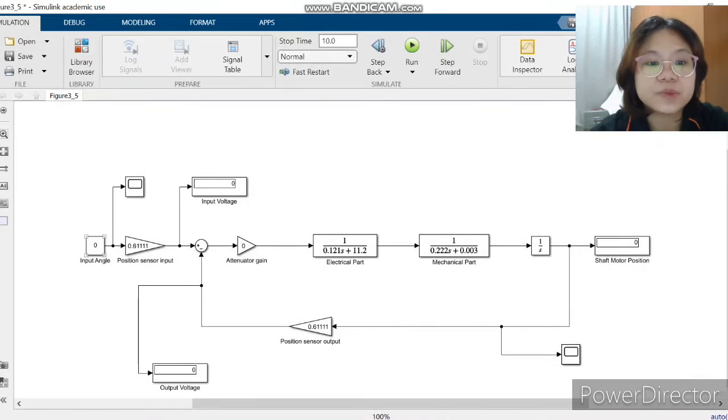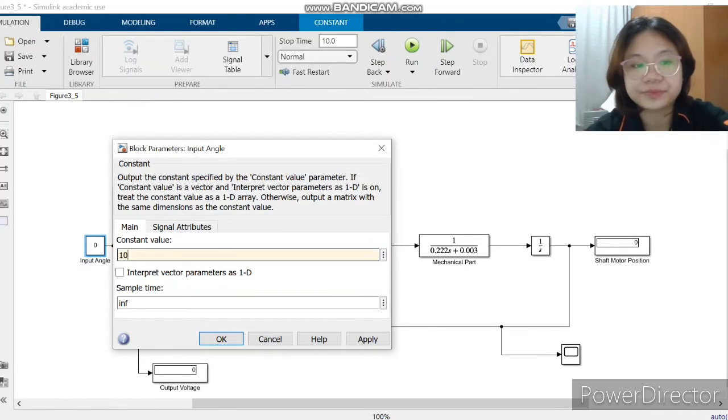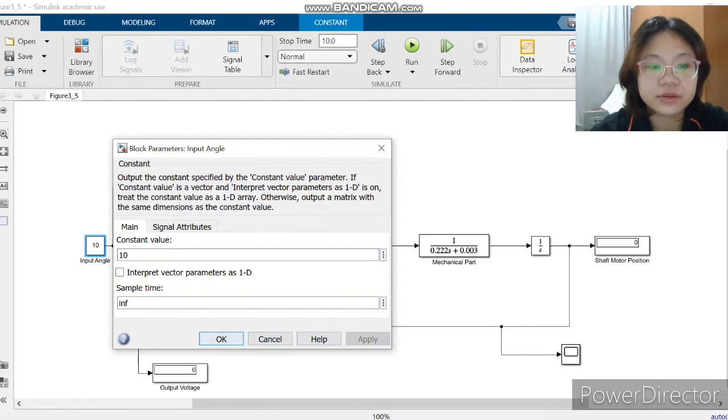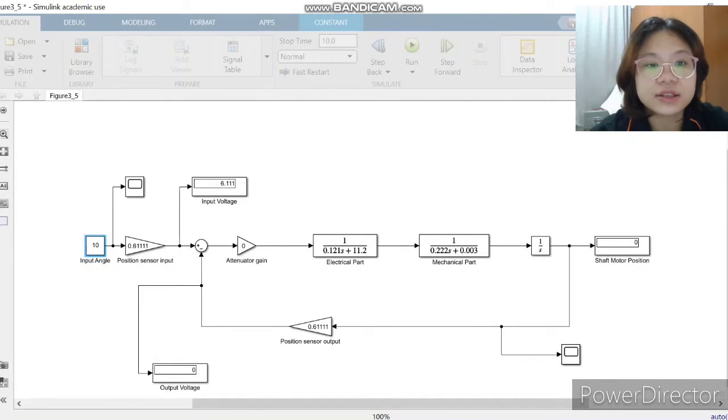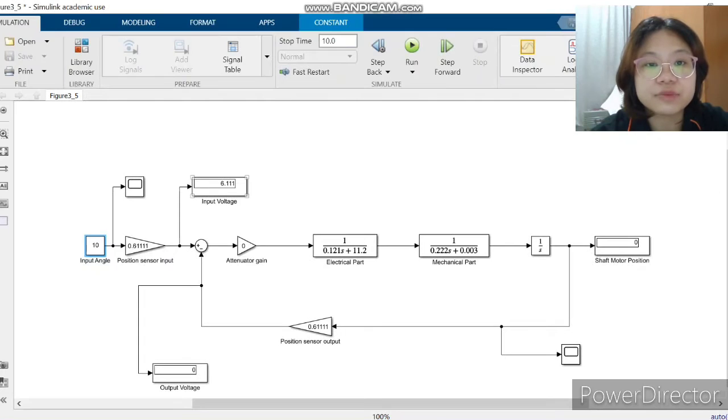Here it shows when the input angle and the attenuator gain is 0, the input voltage, shaft motor position, and output voltage are 0. And then we will skip and increase the input angle to 10.